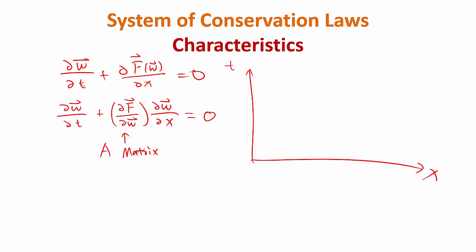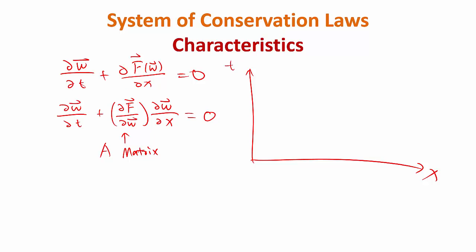So how do we get things like characteristics out of a matrix? Eigenvalues, eigenvectors, that's good. So let's look at the special case that this is a diagonal matrix. If partial f partial w is a diagonal matrix, what does that mean? That means it's just a collection of decoupled scalar equations, right?